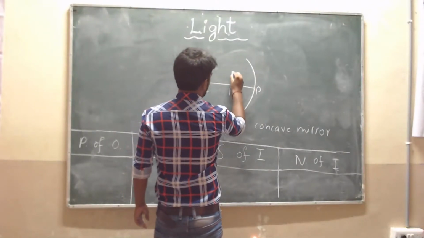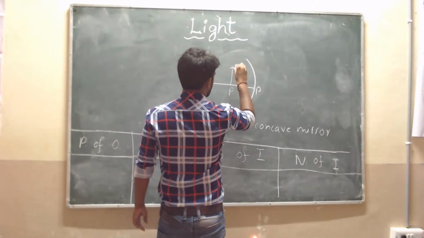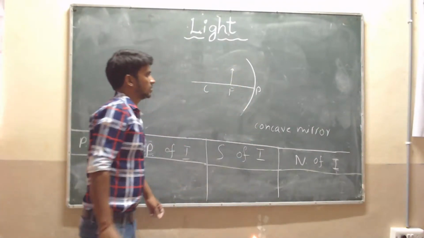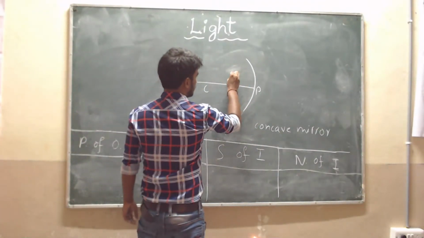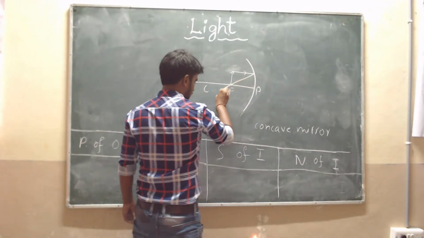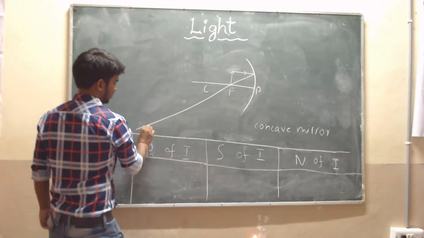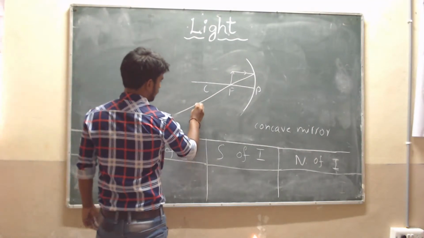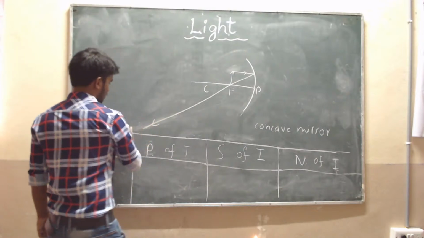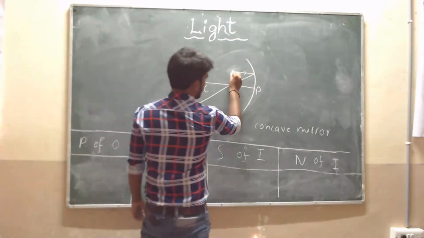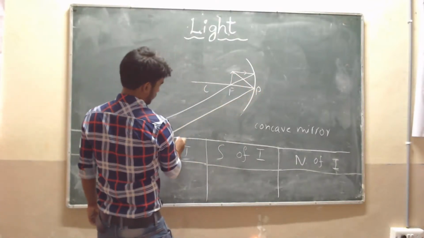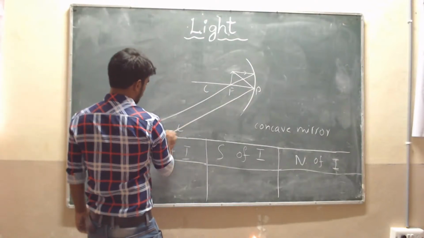So now I will keep the object at F. Okay, consider one ray parallel to the principal axis. So after reflection, it passes through the principal focus. Next, consider one more ray passes to P. See, just observe here.